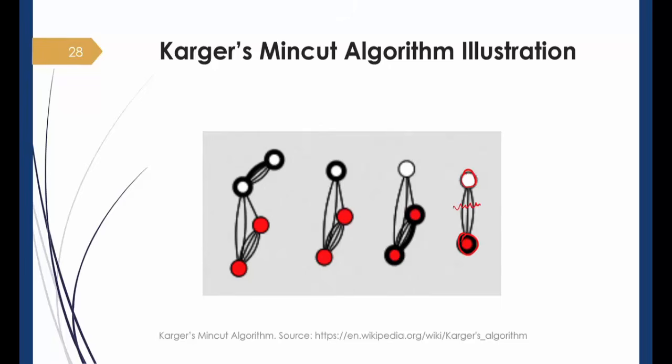If we have to keep track of them, let us say this super node comprises the set S, and this super node comprises the set V minus S. Our claim, of course, is that the cut induced by S and V minus S will in fact be the minimum cut with probability at least 1 over n choose 2. The proof of this claim we will study in the subsequent segment.